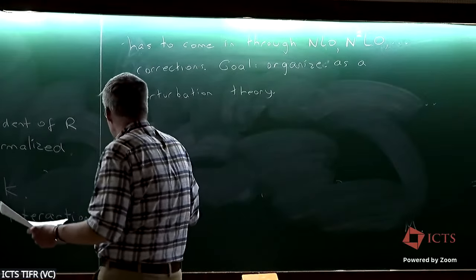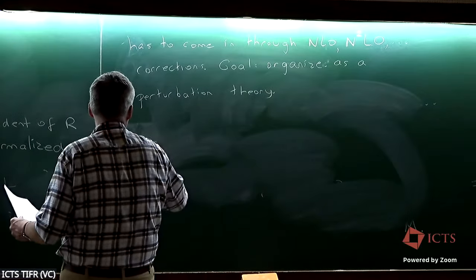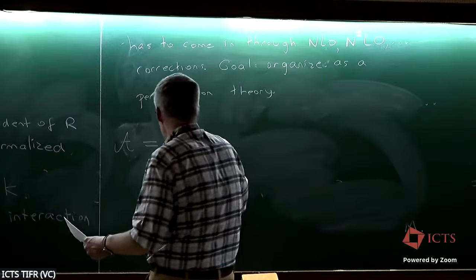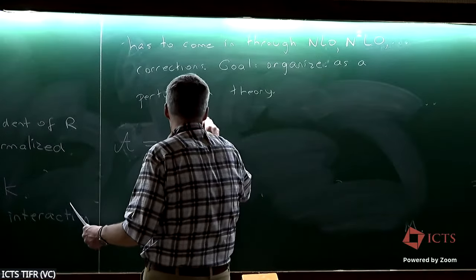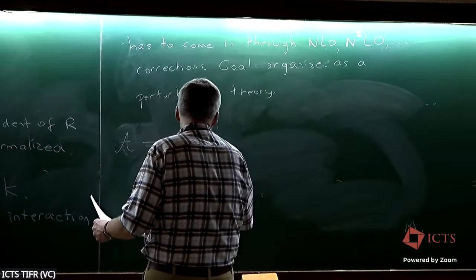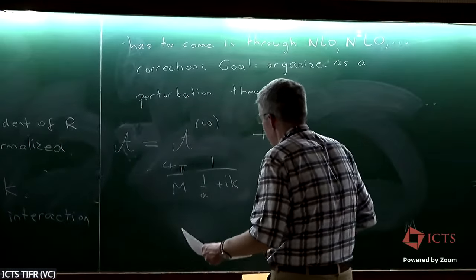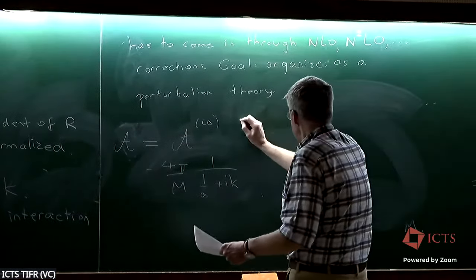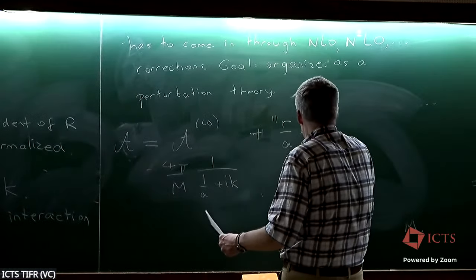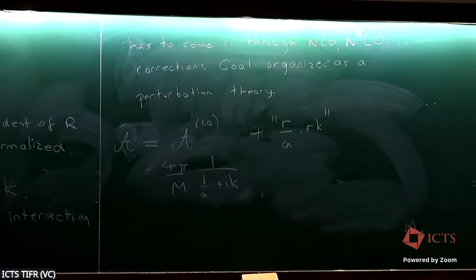So what will we have? Then the idea is that we'll have a full amplitude A, which is now not just the leading order amplitude in the EFT, which is this leading order amplitude that we already computed, minus 4 pi over m, 1 over, and then there'll be some piece here that is schematically suppressed by powers of these things, which are the expansion parameter.